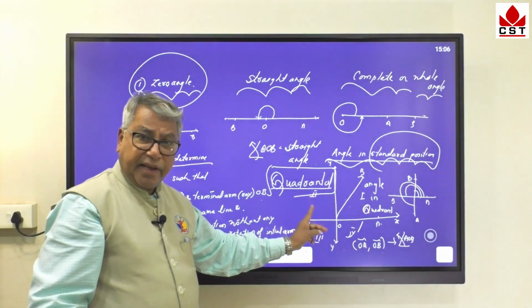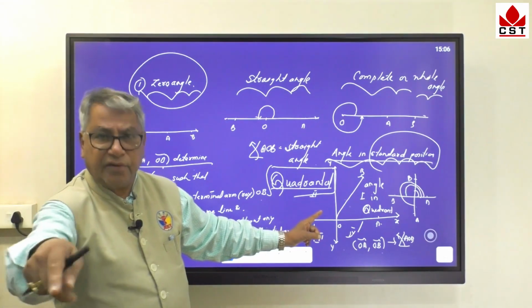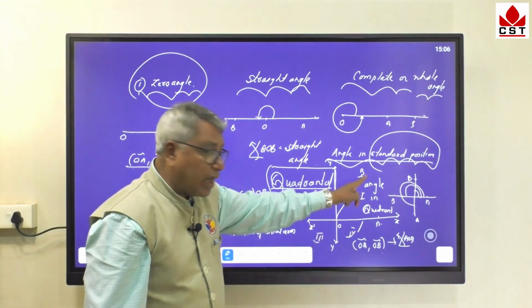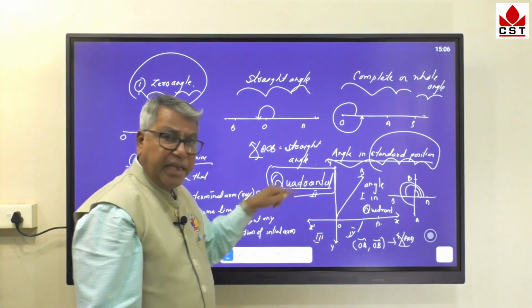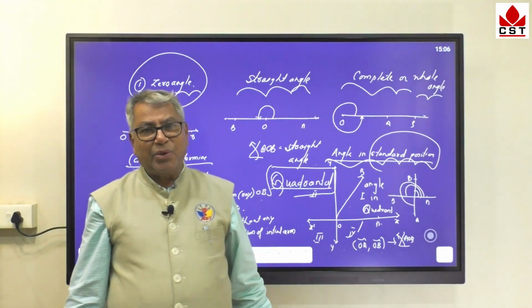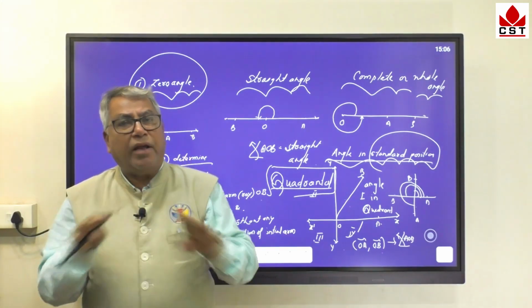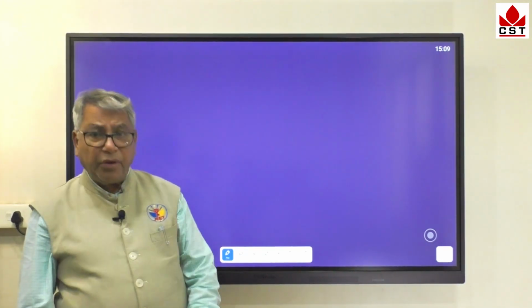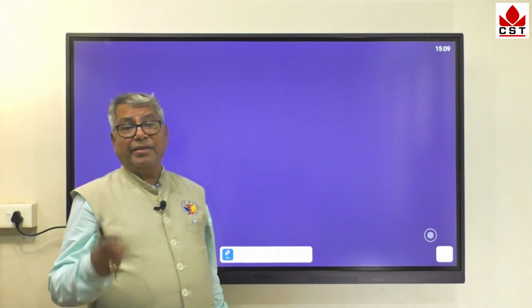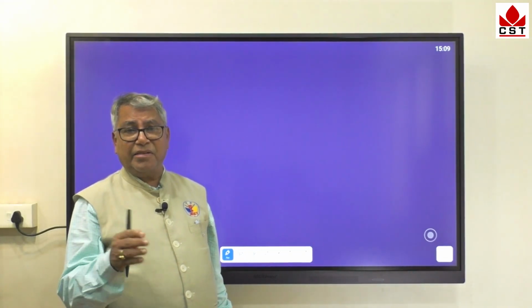Terminal arm lies in second quadrant, angle is in second quadrant, etc. But if the terminal arm lies along any axis, then it is called quadrantal angle. It completes one quadrant, that's quadrantal angle. Yes, now we know angle in standard position, straight angle, zero angle, etc.